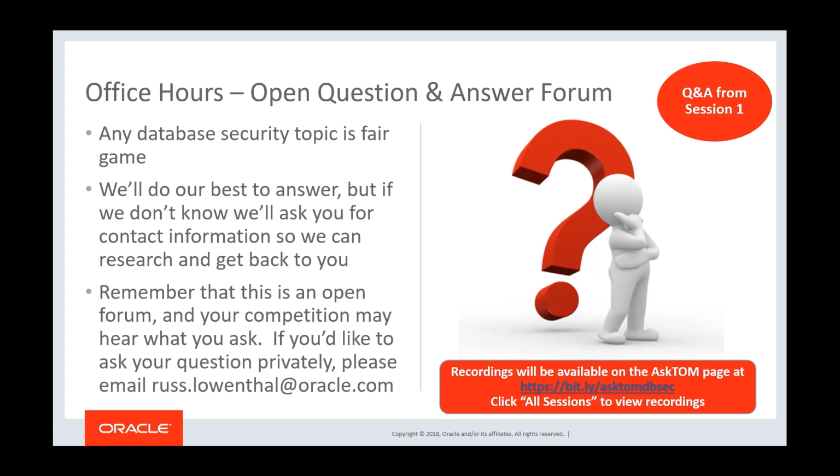All right, what kind of questions did we have, Russ? First question we got was, label security adds a column to each table protected. How much space is needed by those columns?